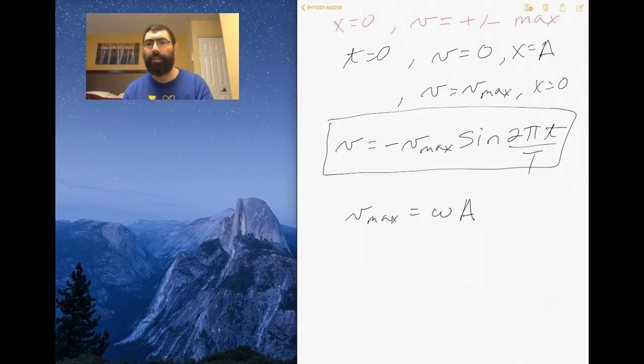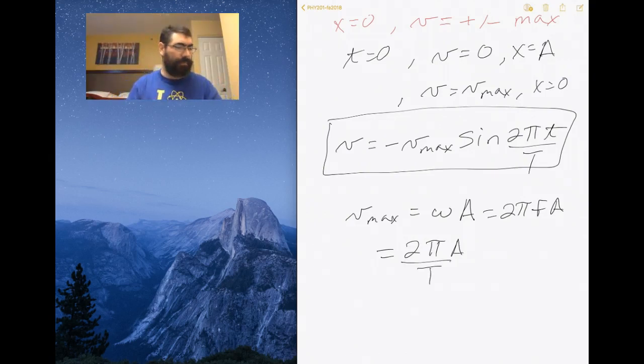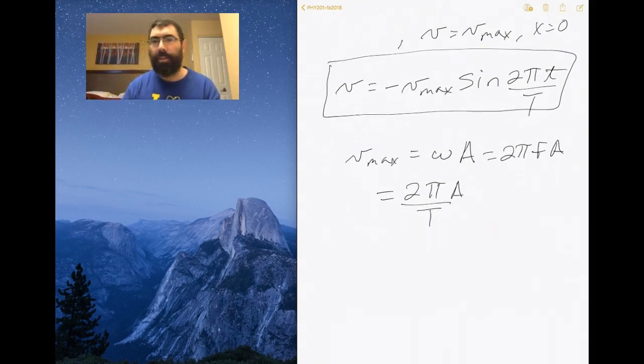So the position at the maximum distance is A, and so in this case, what we would get is the angular velocity, which we can write down as 2 pi times the linear frequency, which is equal to 2 pi A over the period. So you could write it down that way too, or we can just leave it as v max.